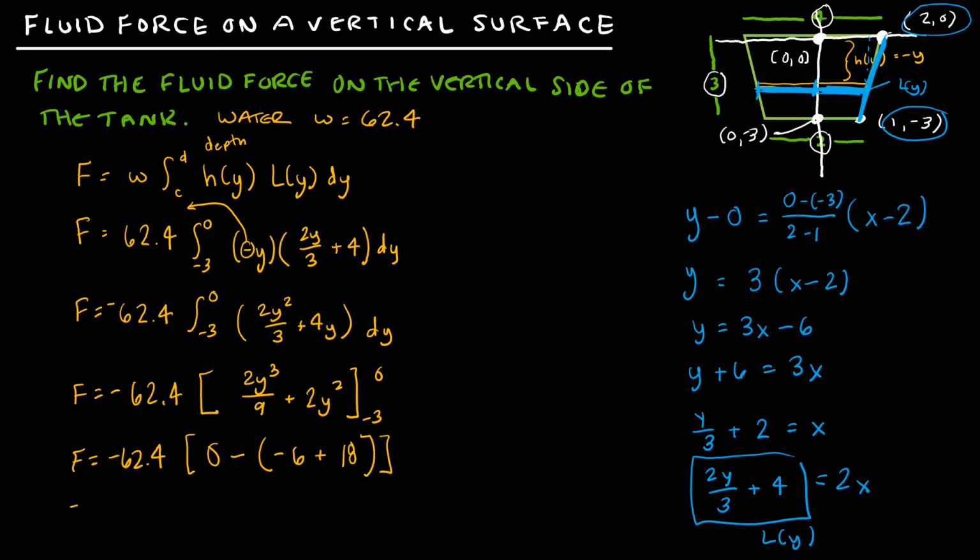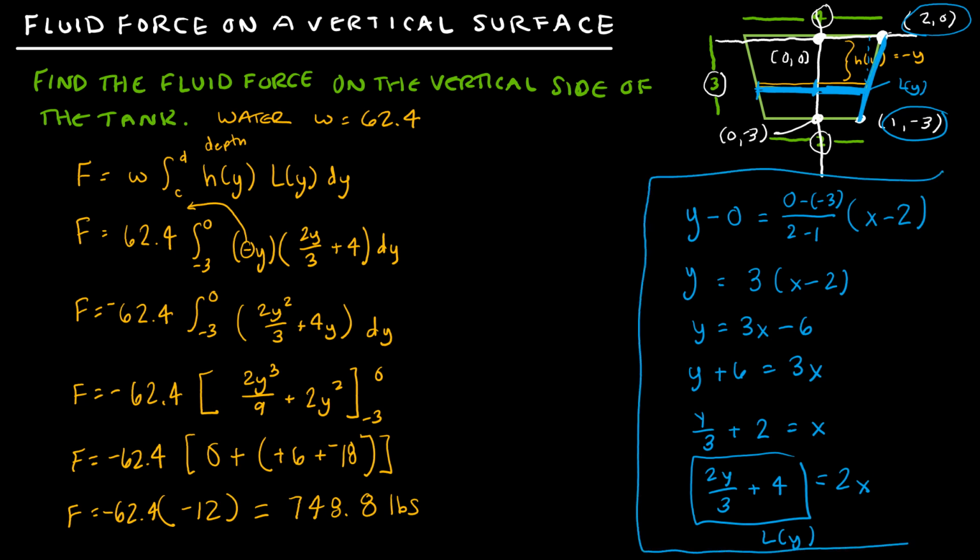So that gives me negative 62.4 times, again, if I've got a negative here, I end up with negative 12. And when I multiply those together, I get 748.8 pounds.